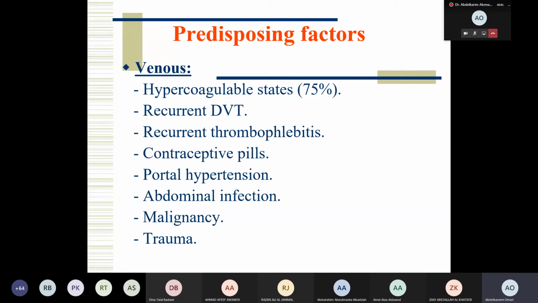Contraceptive pills predisposing factor. Portal hypertension, abdominal infections, malignancies, traumas. These are all predisposing factors for the venous type. Okay.